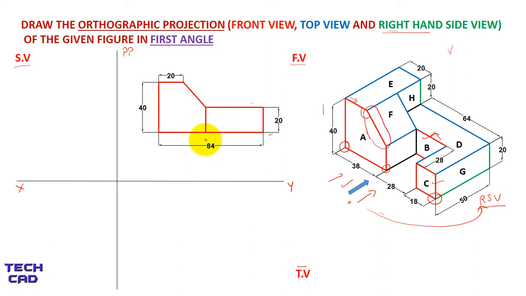After making this vertical line, this block name is A, so I give the name A to it. Now from 18 mm towards the right side I have again a vertical line, and this block is B and this block is C. So students, this is the completion of my front view. These complete red lines in the 3D figure will give me the front view.